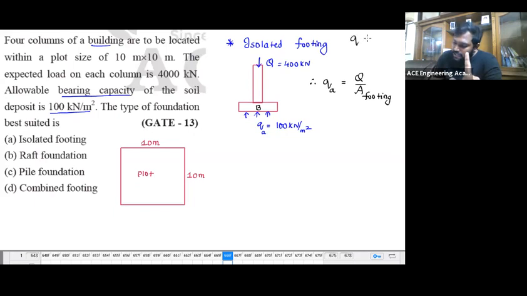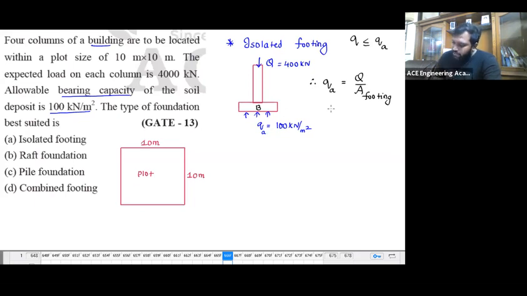What is the design condition? Q less than or equal to QS, where QS is nothing but the allowable. I told you most of the structures fail by shear, which is why I took allowable as safe. So Q less than or equal to QA, then what is Q? Whatever load is coming from the column by the area of the footing.